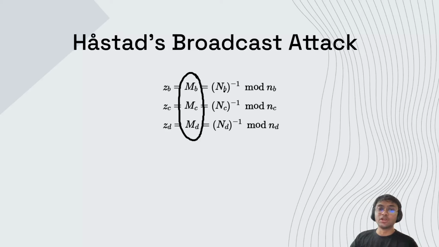Again, they were modular inverses of the things that we calculated right before. So ZB is the modular inverse of NB modulo NB. ZC is the modular inverse of NC mod NC. And ZD is the modular inverse of capital ND mod ND.